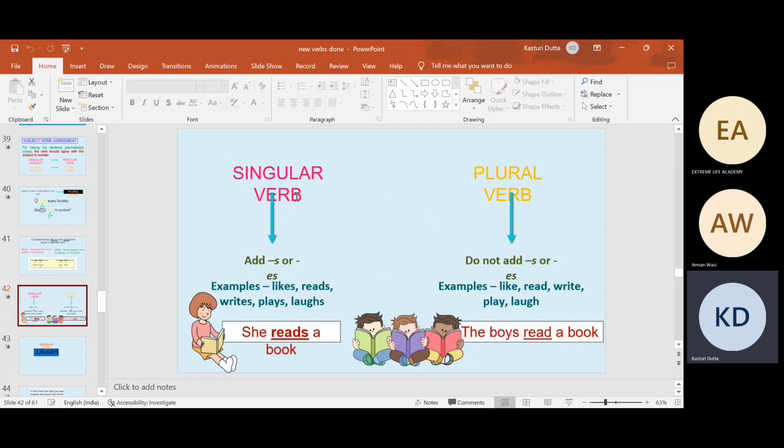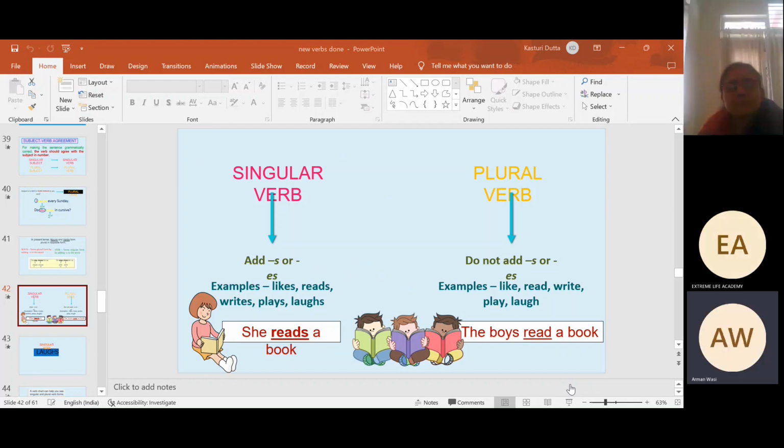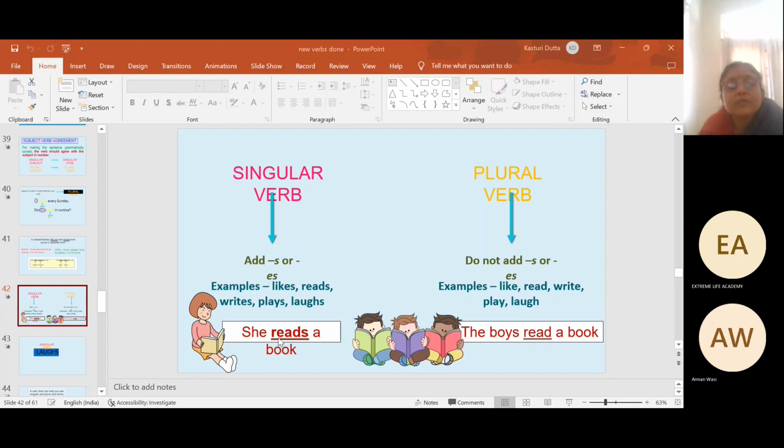Add s or es with the singular. She is a singular person. Suppose I say Arman instead of she. Arman reads. She is a singular word and reads is the plural verb. Plural verb means in the sense that we are adding s with the verb.